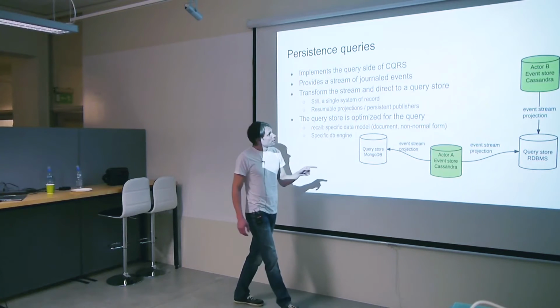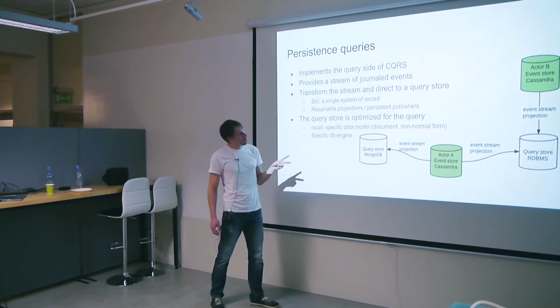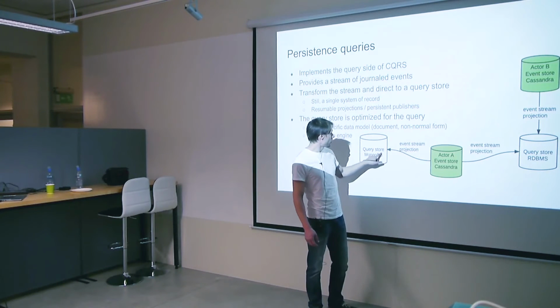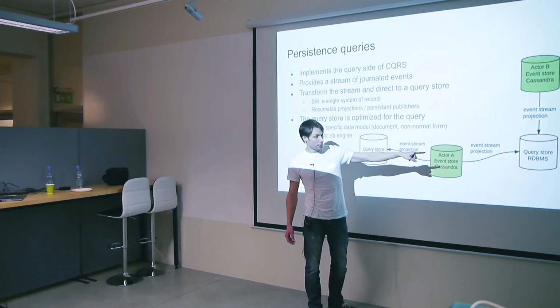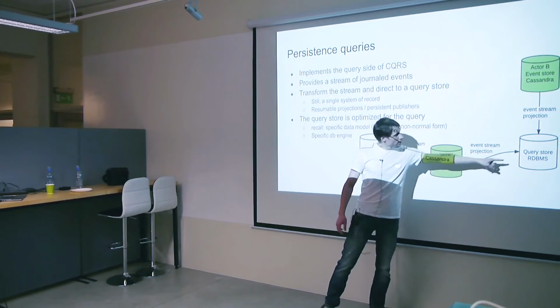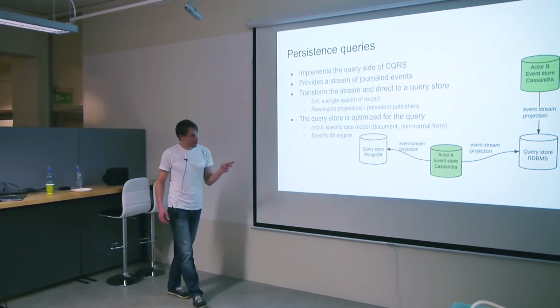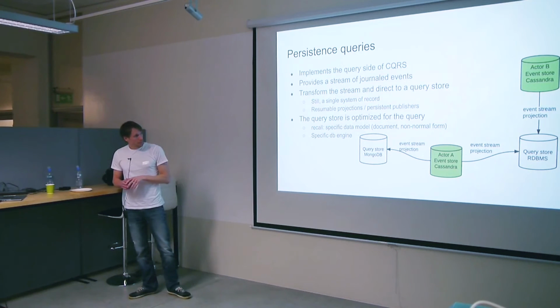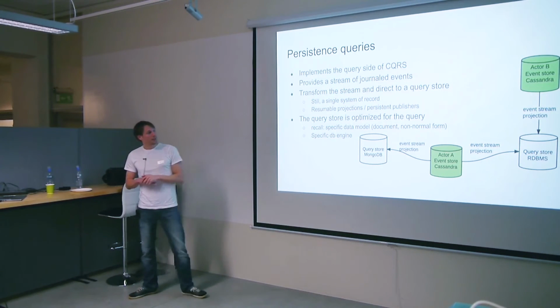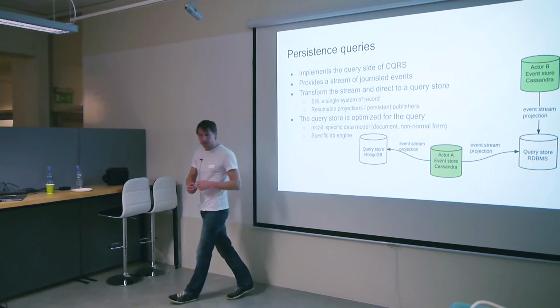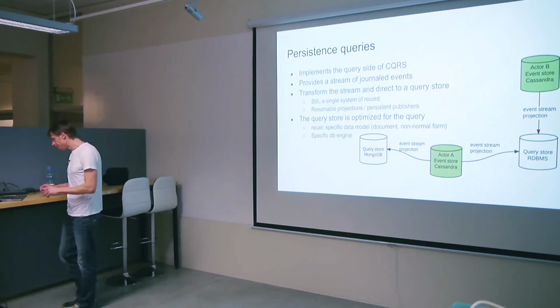As you can see in this picture, there are two event stores, and this event store gets projected into two query stores. And there's also a read store to which two event stores get projected. So you can have data in your query store that aggregates several event journals.